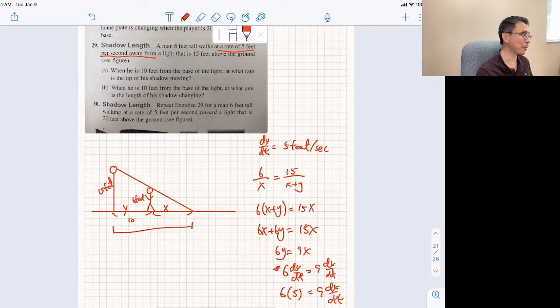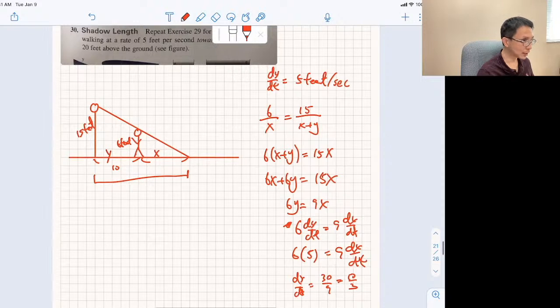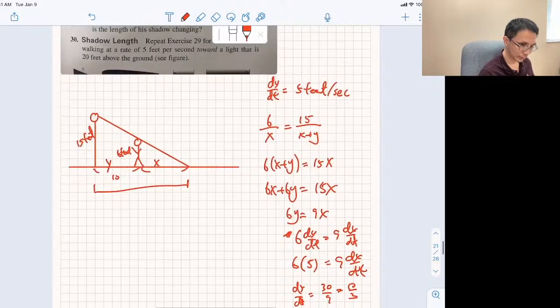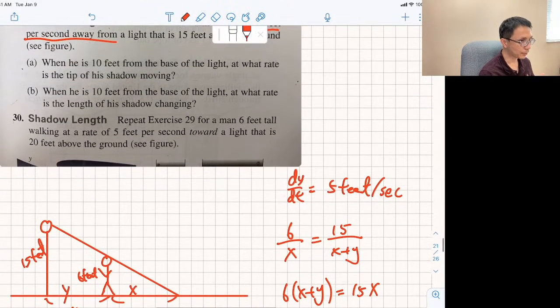Okay, so here's my question. dx dt is the answer for a or b? What is dx dt? What's the question again? It's the length. Are they the answer for a or the answer for b? I find the dx dt. Is it B?